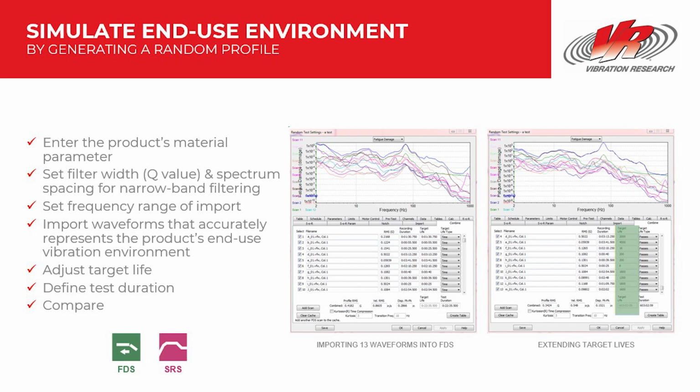Using the product's material parameter, which is the slope of an appropriate SN curve, and setting the narrowband filter, the process on the previous slide can be executed. The target life is as defined for the product in its design specifications. It is the starting point for accelerating the vibration test to get the baseline profile that represents one product life in an accelerated test.